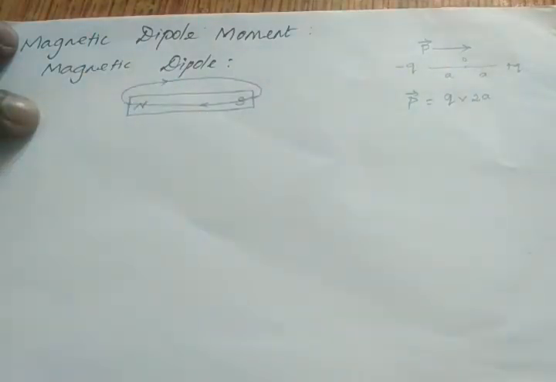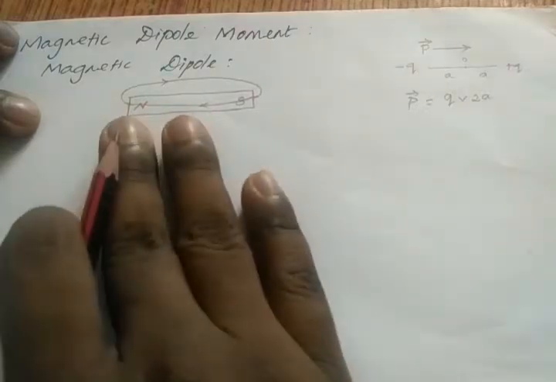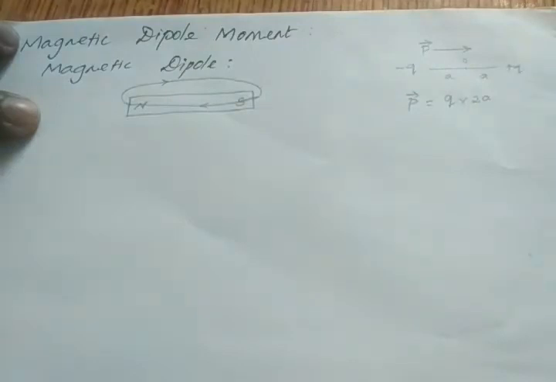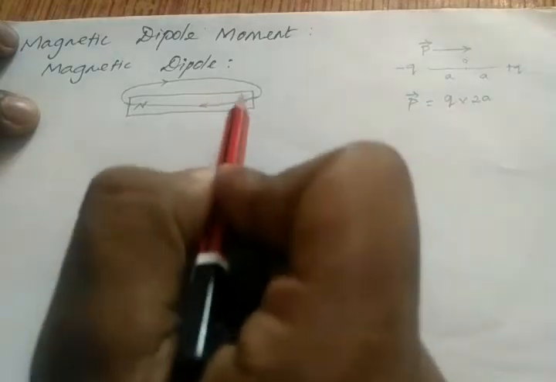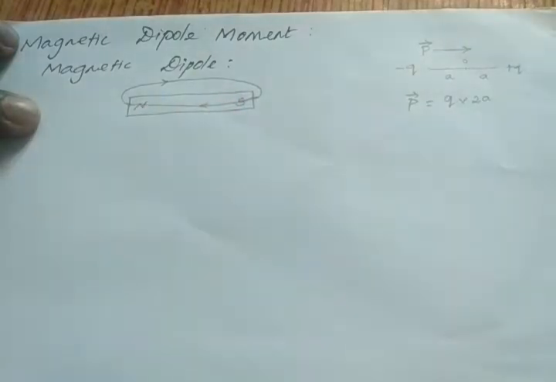This is a very important point. You have to remember it even though we will study it in the next chapter. Magnetic field lines always form a closed loop. Outside the magnet they start from north and end at south, but inside the magnet they start from south and end at north.